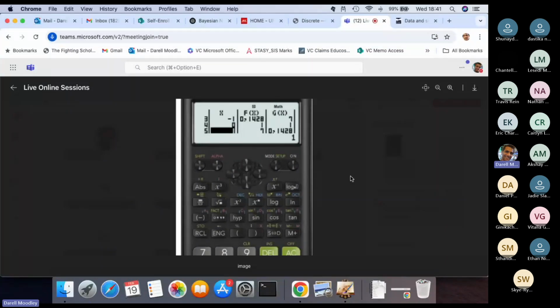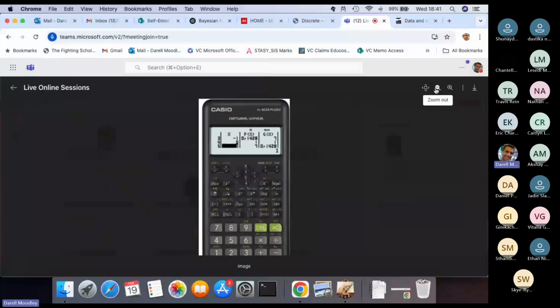Is this the calculator you have? I'm trying to see the model here. FX82, yeah, that should be fine. See that mode button? If you press that, you will see a stats option on it. So if you have the calculator with you now, you can try it. If you press that mode button, you'll get scientific notation and a stats mode.